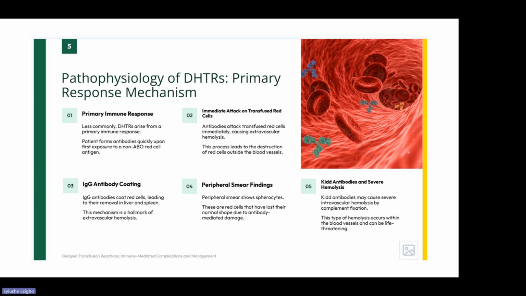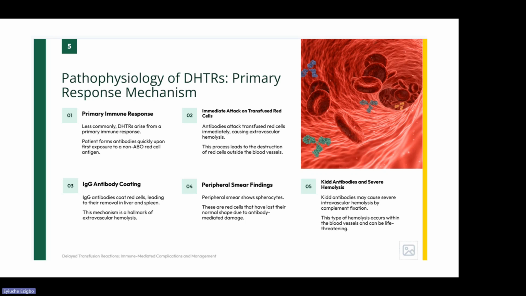This process leads to the destruction of red cells outside the blood vessels. The IgG antibodies coat the red cells, leading to their removal in the liver and spleen. This mechanism is a hallmark of extravascular hemolysis. On looking at the peripheral blood findings, you find spherocytes. These are red cells that have lost their normal shape due to antibody-mediated damage.